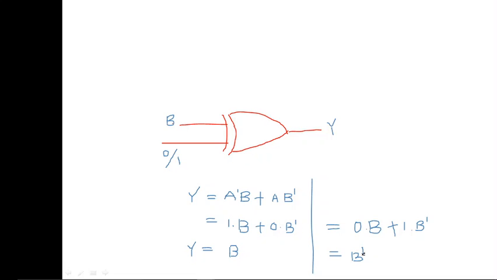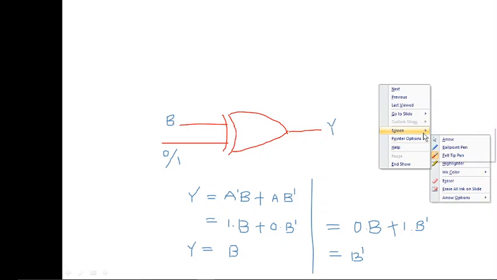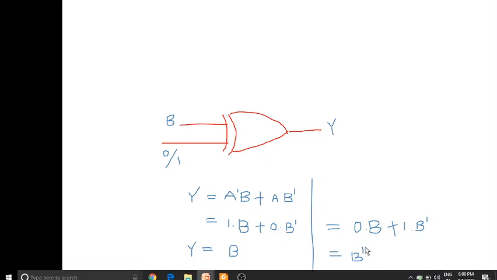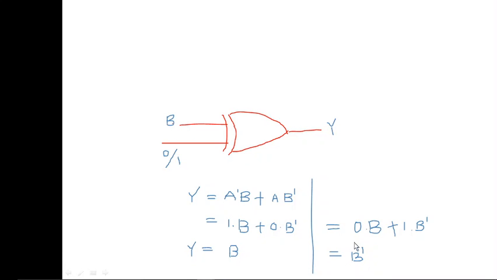So one interesting thing that you notice here is that for an XOR gate, when the second input is 1, the output equals the complement of the first input.